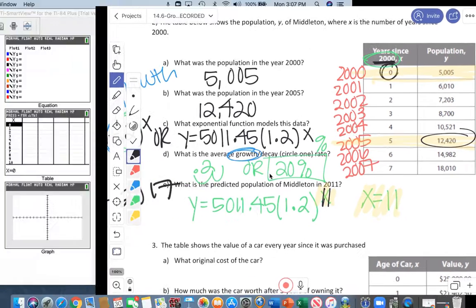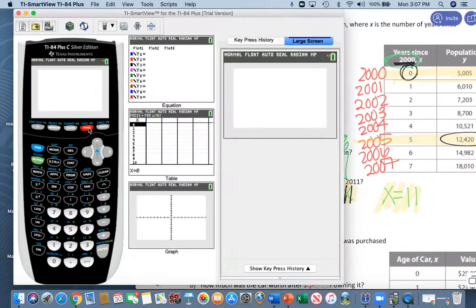I'm going to plug this into my calculator. Second mode. And I'm going to plug in 5011.45 times 1.2. And again, if you want to do 1 plus 0.2, either way works. And then I do the caret button to the 11th power.